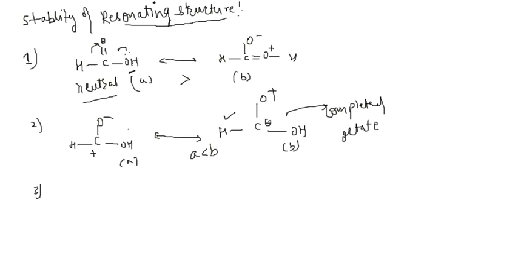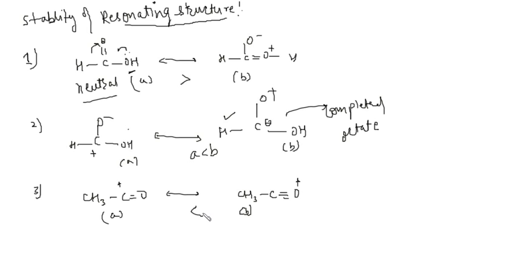Now the third point: the resonating structure having more covalent bonds will be more stable. If we compare two structures, A and B both have charge and both have the same type of structure, but here the covalent bonds are more.